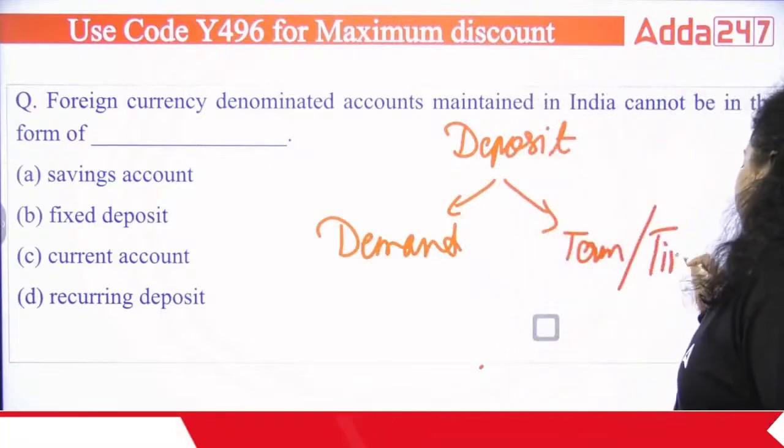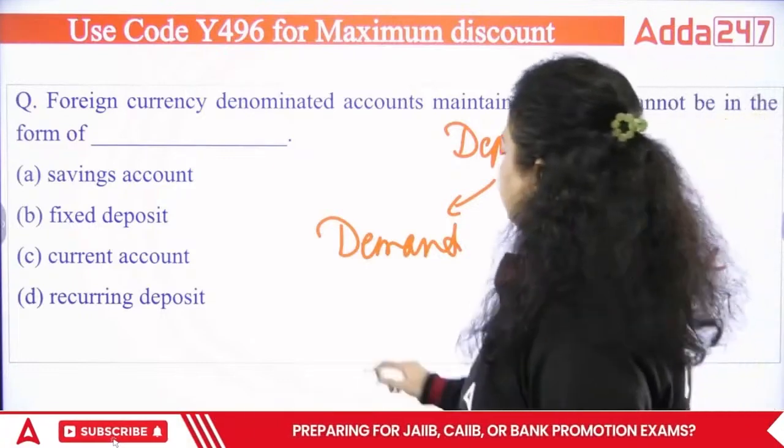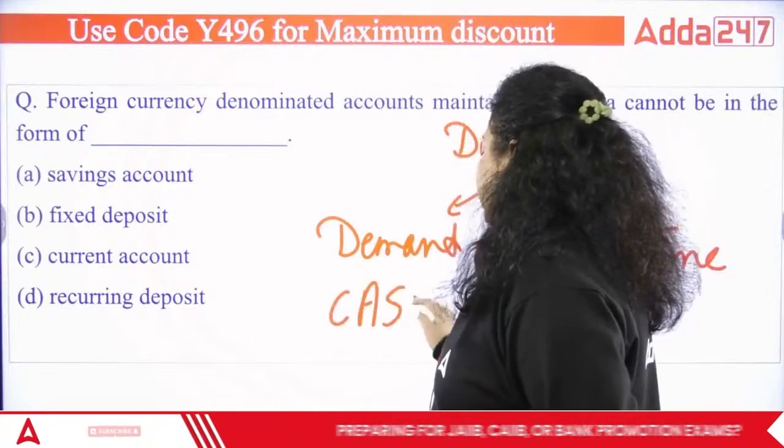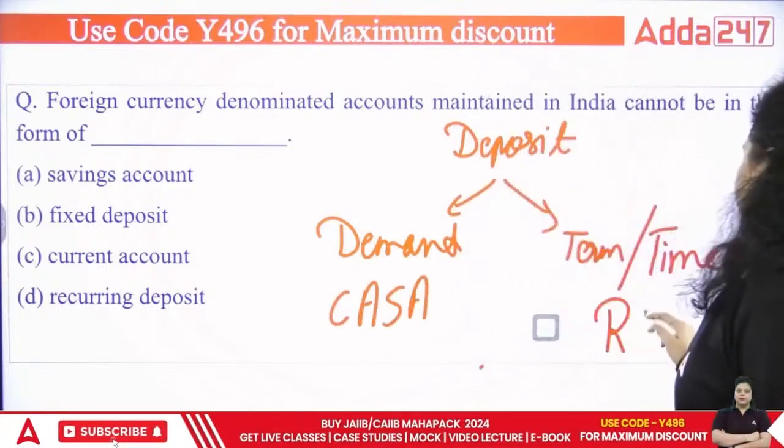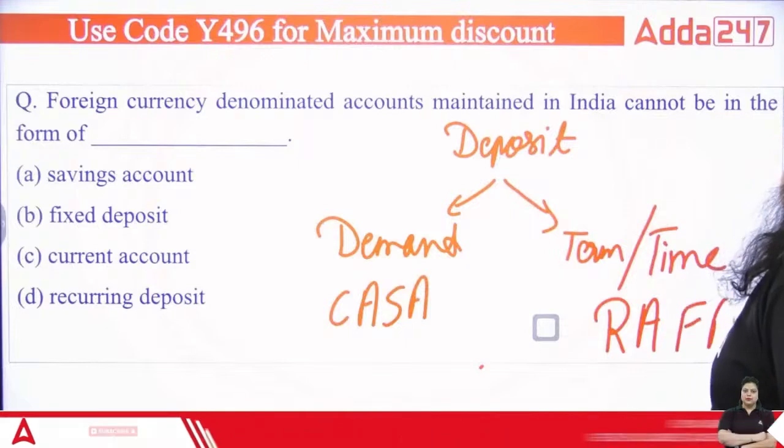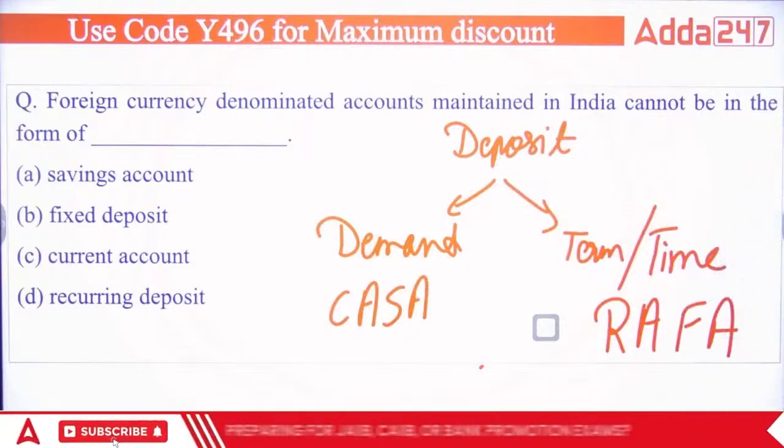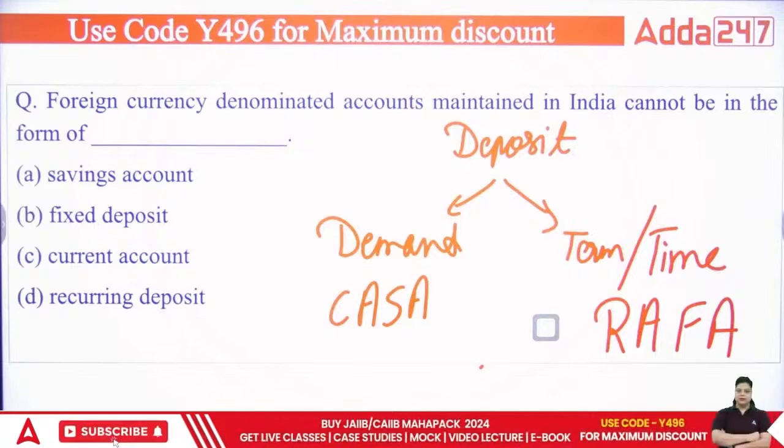Demand deposit covers your CASA and time deposit covers your RAFA, that is recurring account and fixed account. Which of the following will be the right answer?